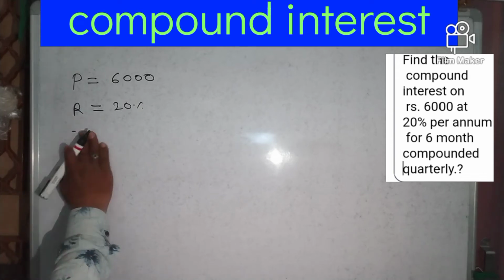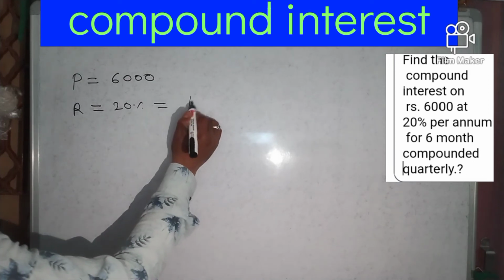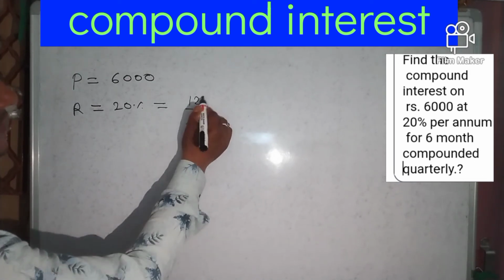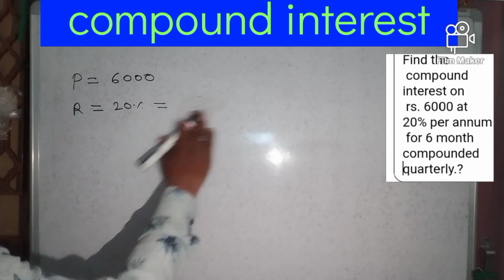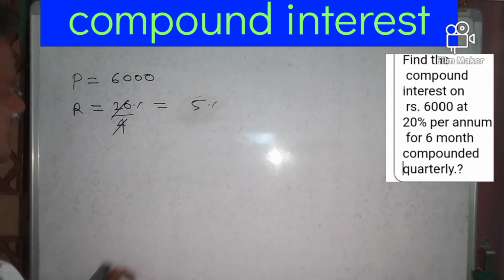And compounding is quarterly. So quarterly means 12 by 3, which is 4. So dividing by 4, the rate will be 5%, right?